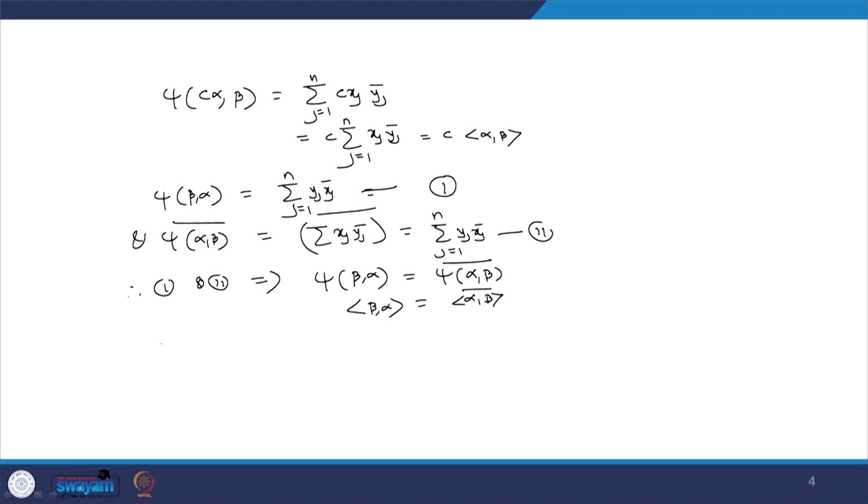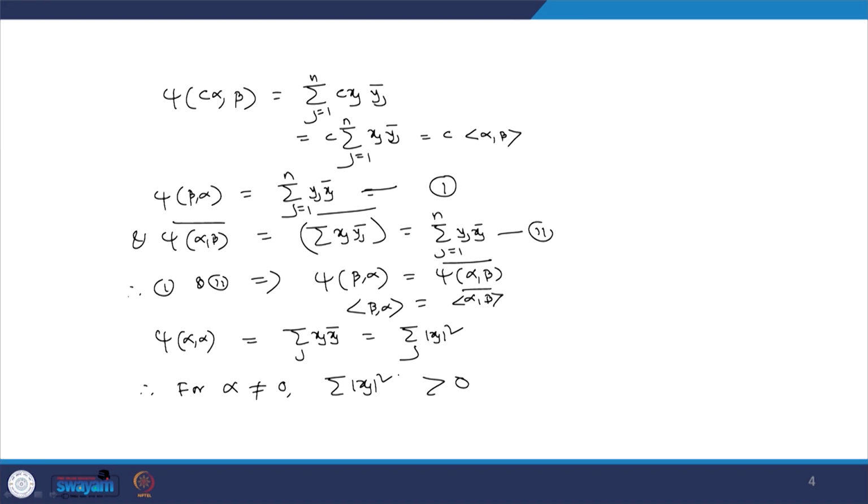And the fourth one, psi of alpha alpha, if I consider, is equal to sigma xj and xj bar. So this is equal to sigma mod of xj whole square over j. So for alpha not equal to 0, definitely there will be some xj not equal to 0. So we will have sigma mod of xj square strictly greater than 0. So it introduces an inner product over the space Fn.